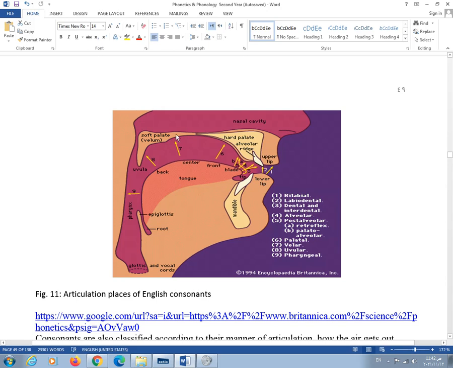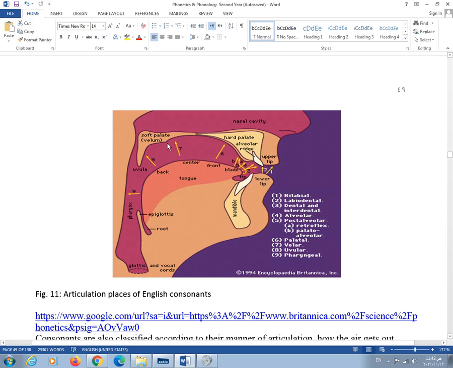Okay, and then we have the velar, which is soft palate. This is number 7. The back of the tongue is raised to make firmer contact with the soft palate or the velum, and this is why we have velar consonants such as k, g, and ng.